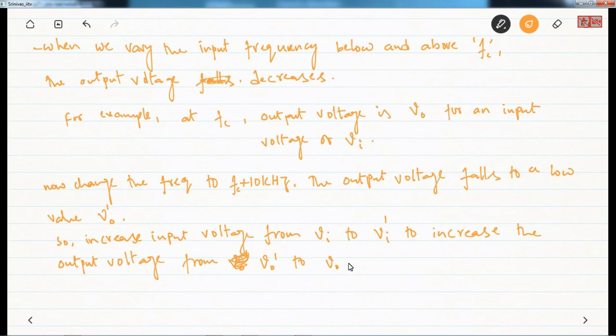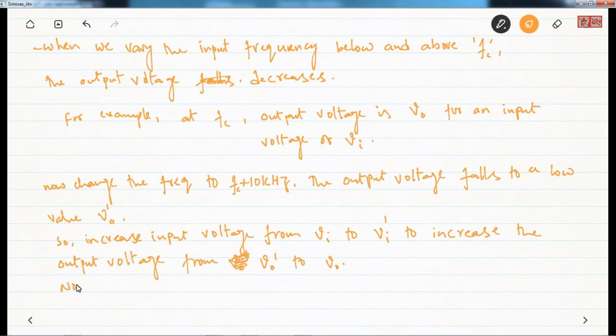So previously we had an output voltage of V naught, right? Now as I changed the frequency, the output voltage has decreased from V naught to V naught prime. So what I am saying is that now increase the input voltage from Vi to a new value Vi prime, so that the output voltage will again increase and reaches the previous output voltage which is V naught.